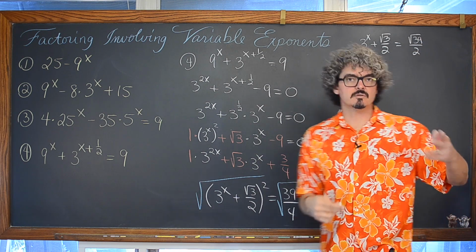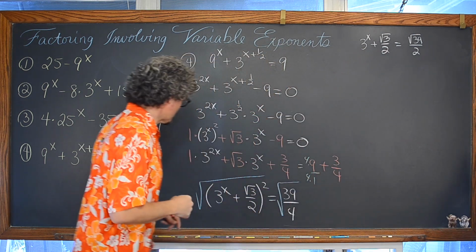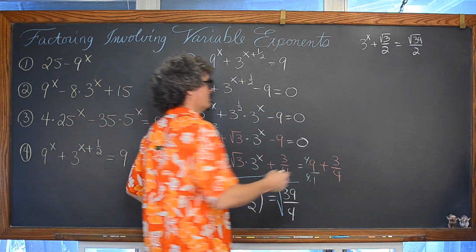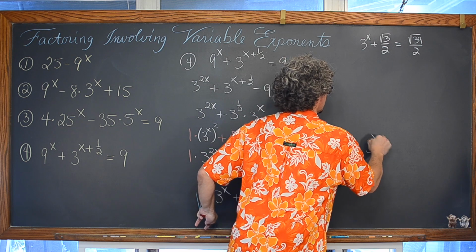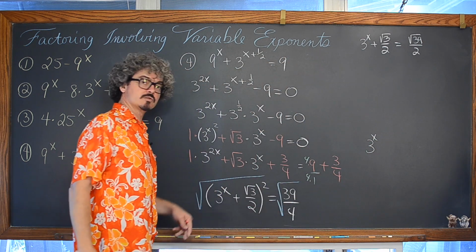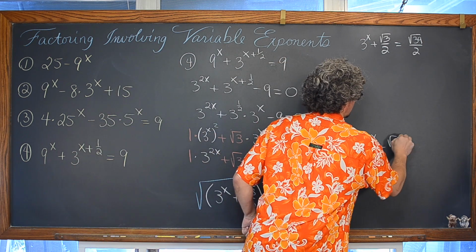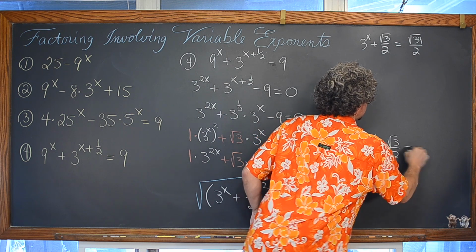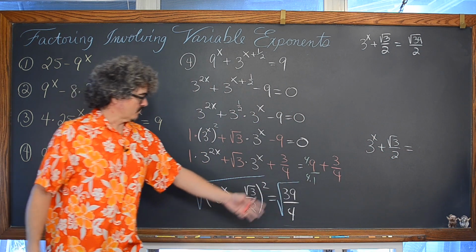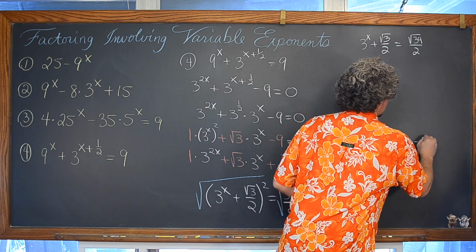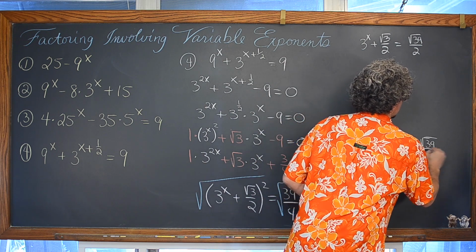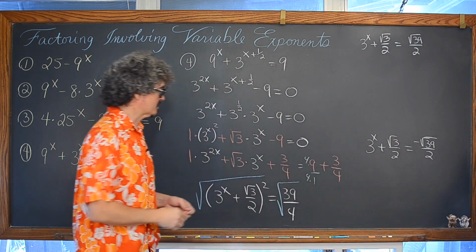Now we're going to continue to solve this, but we have a second equation to remember, or solution to look for and consider. We have 3 to the x plus the square root of 3 over 2 is equal to the negative answer, which is going to be negative square root of 39 over 2. And let's go ahead and get this one out of the way because we're going to have an issue.